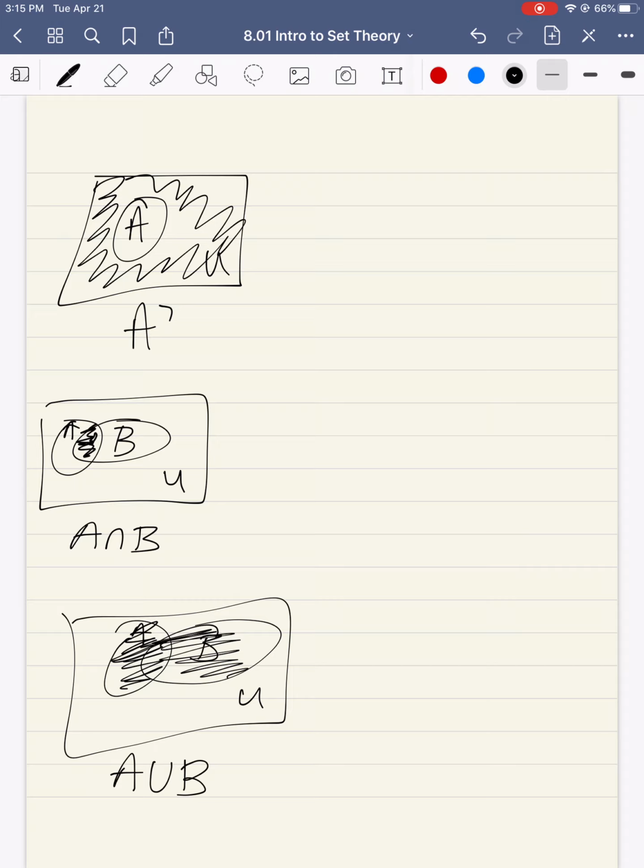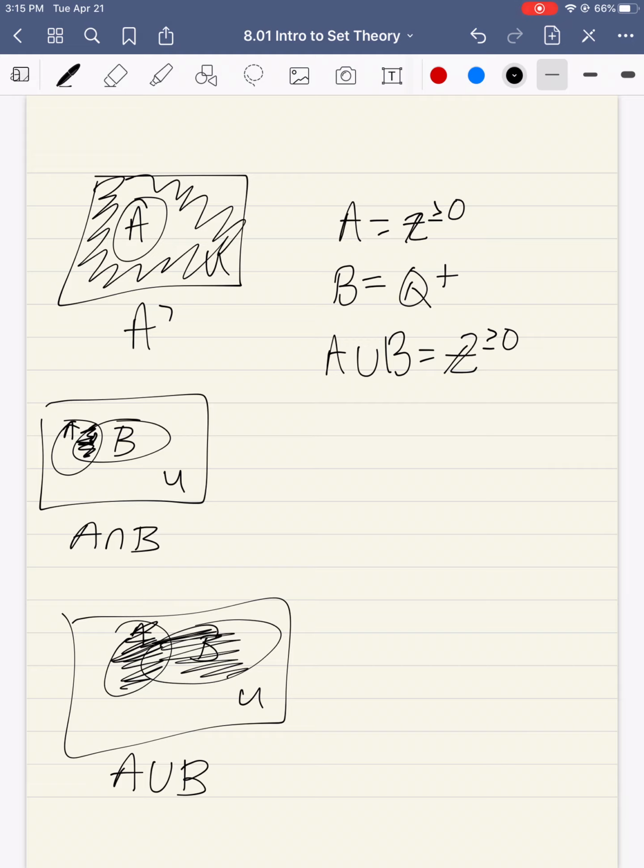So, for example, one quick preview: if A is equal to the set of non-negative integers and B is equal to the set of positive rationals, if I have A union B, so the set of non-negative integers union with the set of positive rationals, then that is going to be the set of non-negative rationals.